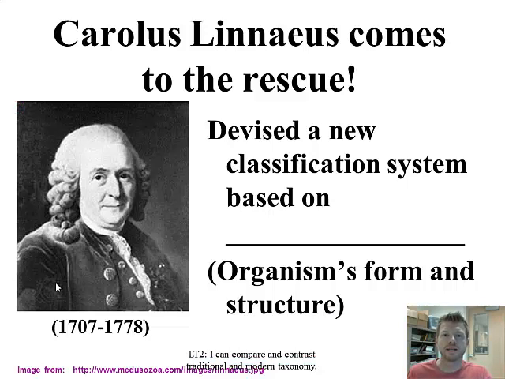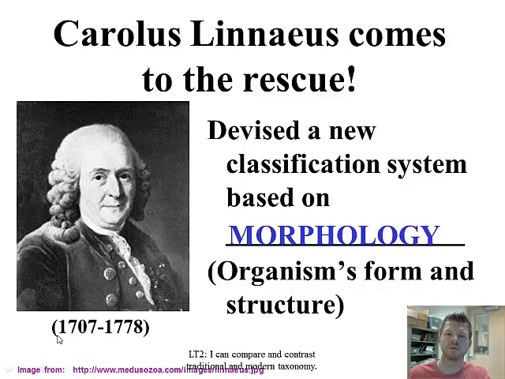So, Carolus Linnaeus. This was one of the key players in taxonomy. He's kind of, we look at the father of certain scientific topics. Carolus Linnaeus is the father of taxonomy. He came up with this system based off of morphology. Now, morphology, as you can see here, is the organism's form and structure. But he was simply saying, if they look alike, they're probably related.